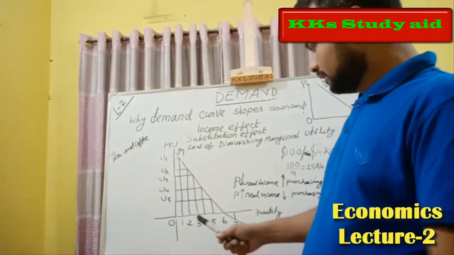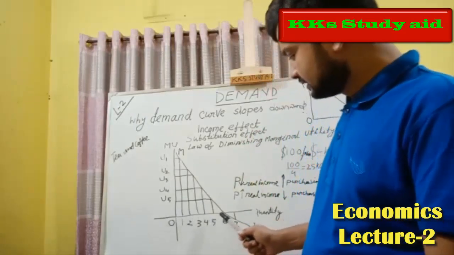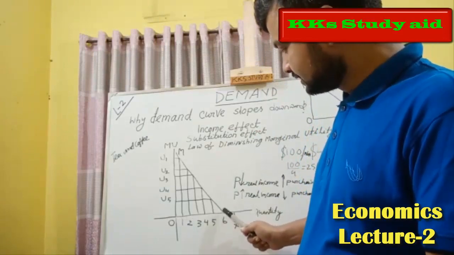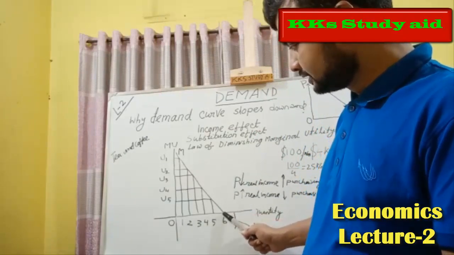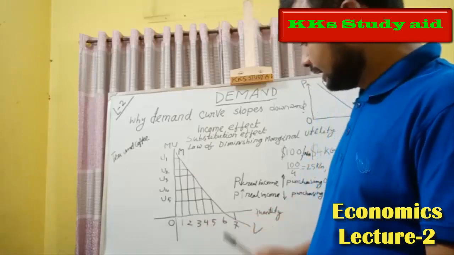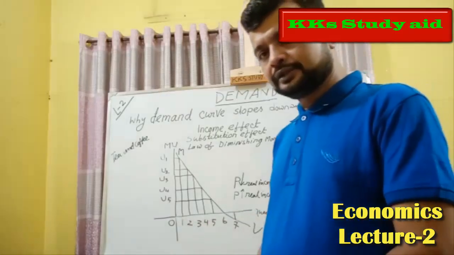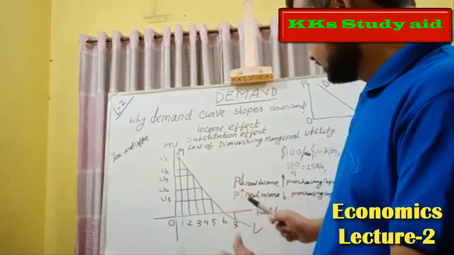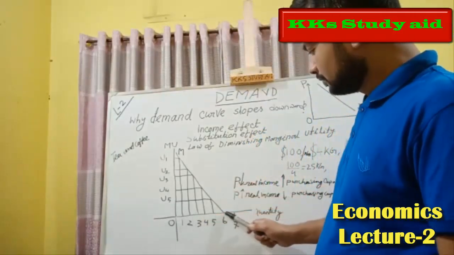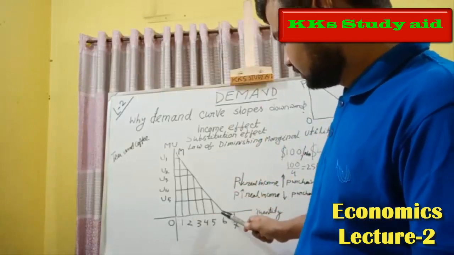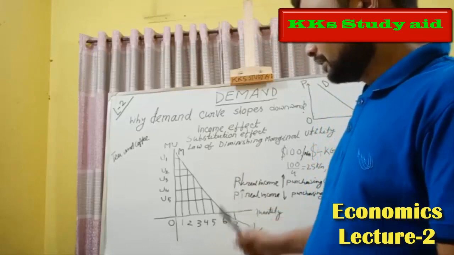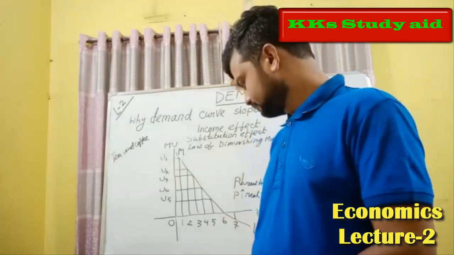And here we see that when you are given 6 cups of coffee, your satisfaction is 0, that is, your utility is 0, and you will get no marginal utility, that is, marginal utility is 0. So you will stop your consumption after reaching this point. After this point, marginal utility will become negative.